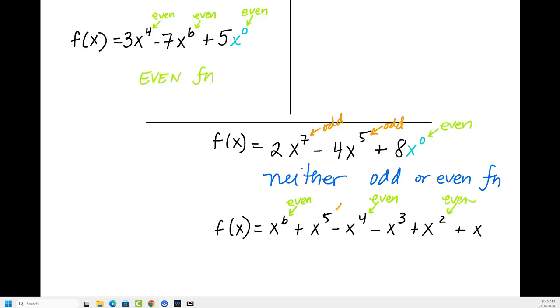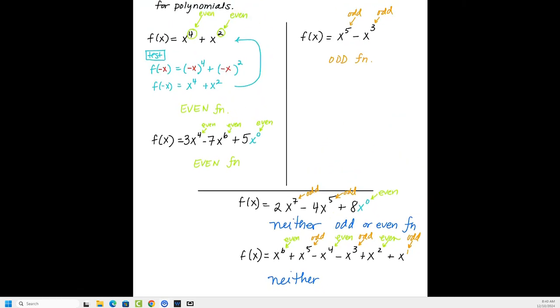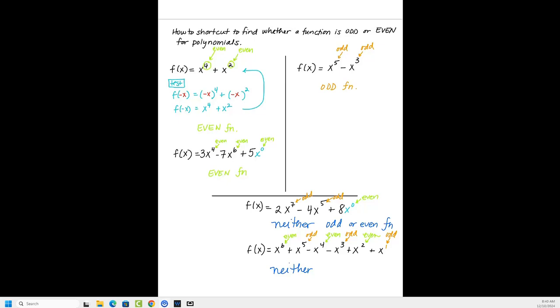But this one is odd, this one's odd, and then this is a 1, so that's also odd. So this one's also neither. It's not an even function nor an odd function. Okay, isn't that a nice way to figure out if it's odd or even? So the test works. We need to learn the test so that when we get to other types of functions, we can use the test to help us determine the symmetry. Clear?